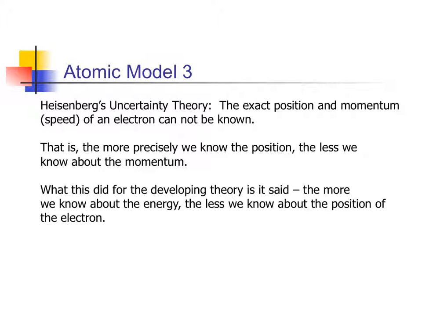Now, Heisenberg's uncertainty principle says that the exact position and momentum of an electron cannot be known. It's kind of like the idea of a GPS. GPS is kind of guessing. If you use Google Maps or TomTom or Siri or whatever it is, and you look at yourself on there as you're mapping it out, it kind of skips, because it's guessing how fast you're moving down the street.